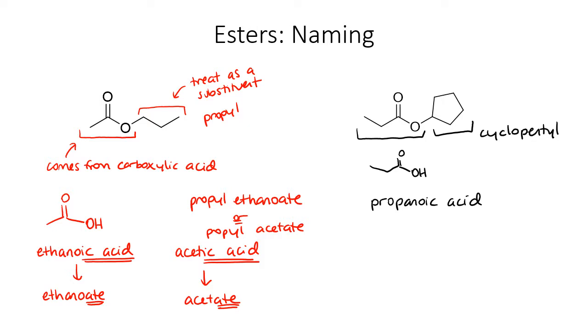So what we're going to do is when it's converted to an ester, we're going to take the "ic acid" and replace it with "ate." So we get propanoate. So our full name for this molecule is cyclopentyl propanoate.